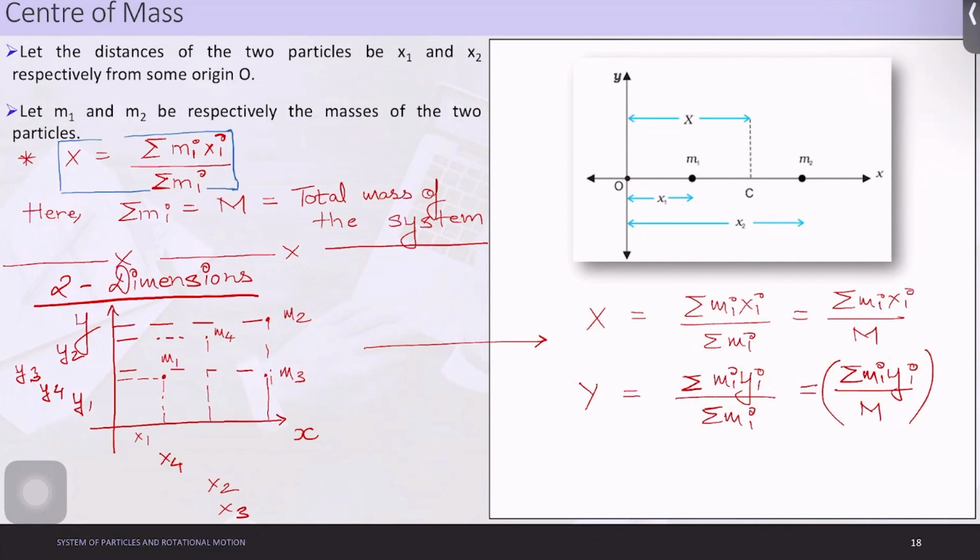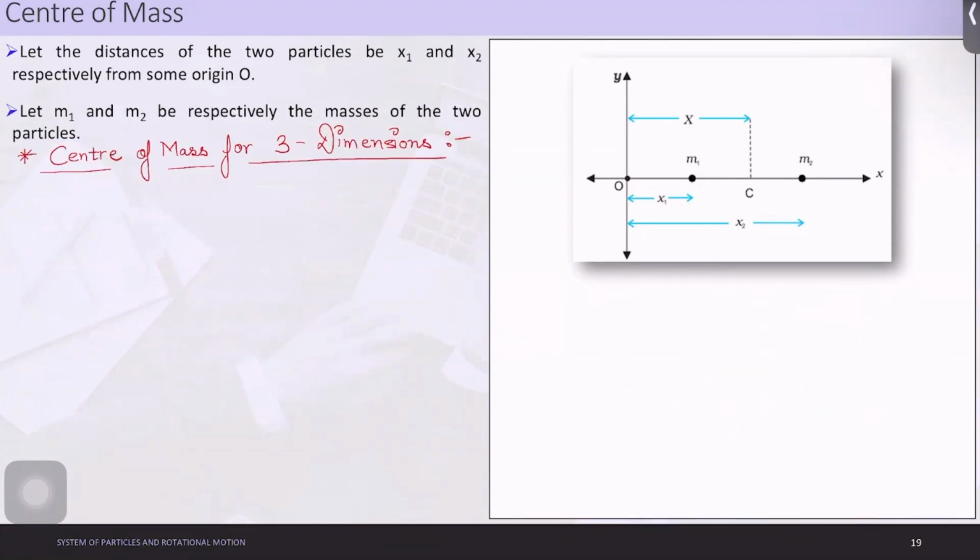Okay, so now let us understand the center of mass for 3 dimensions. Let us assume that there are n particles available in 3 dimensions, and we need to calculate the center of mass of such a system.